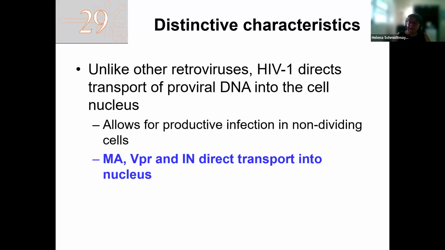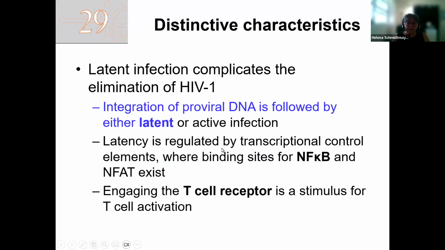However, how can it get into non-dividing cells, such as macrophages? We know that tissue macrophages are terminally differentiated, so they do not proliferate. It is because several proteins, I repeat again, matrix, VPR, and integrase, carry NLS, nuclear localization signal, which allows them to dock on important transport machinery and get transported into the nucleus as pre-integration complexes.